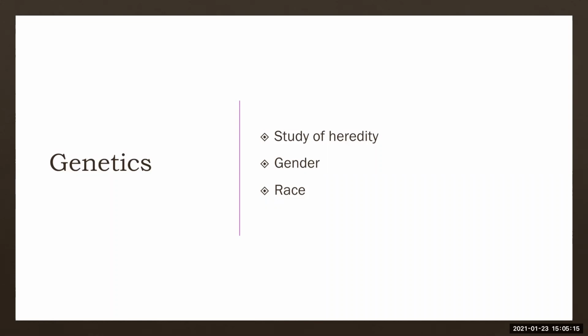Some are commonly tested for in the prenatal period, such as the various trisomies. For instance, trisomy 21 is Down syndrome. And cystic fibrosis is also tested for in the prenatal period. And some genetic diseases are discovered after birth.